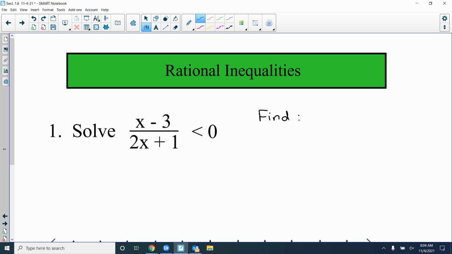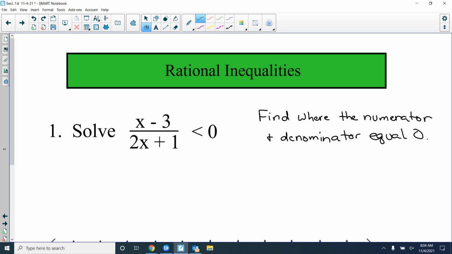So we have to find where the numerator and denominator equals 0. Okay, for that.